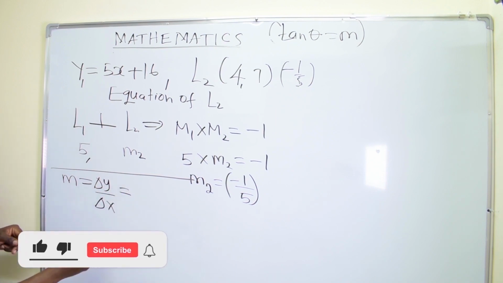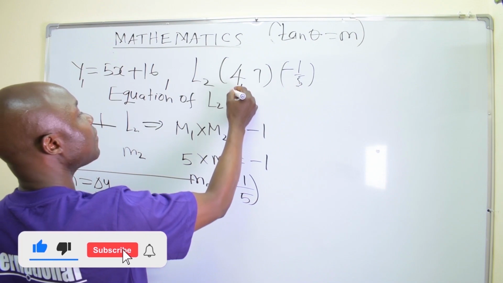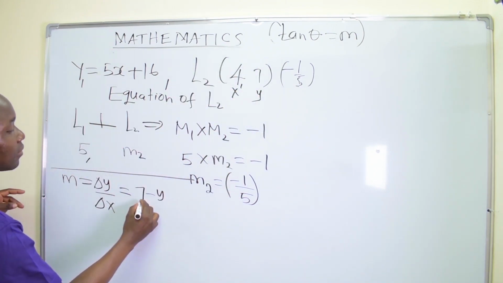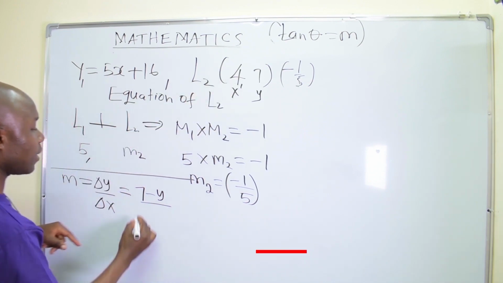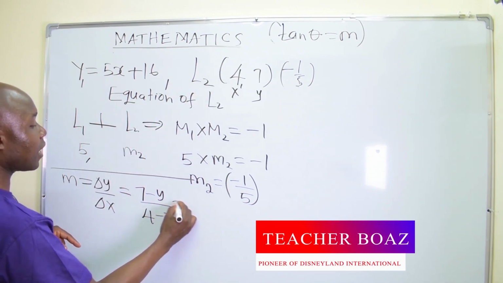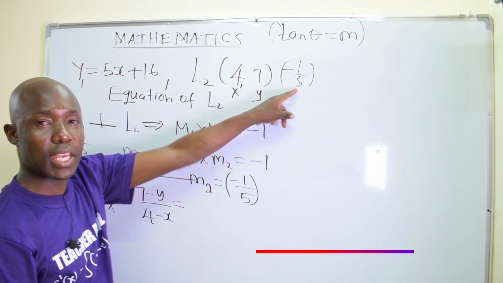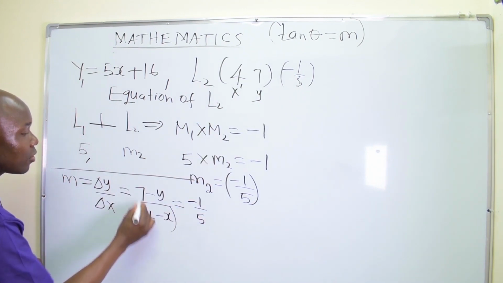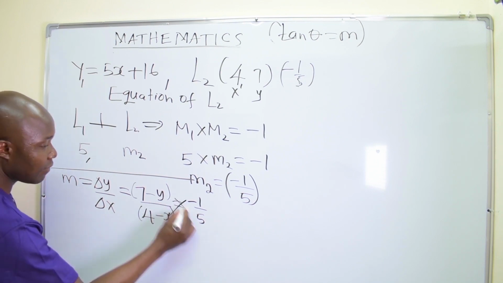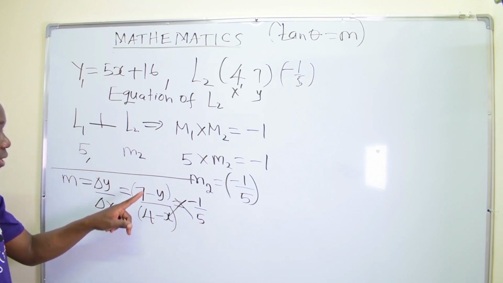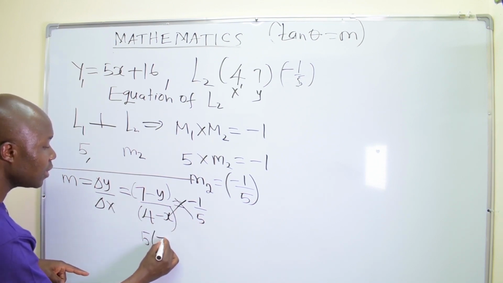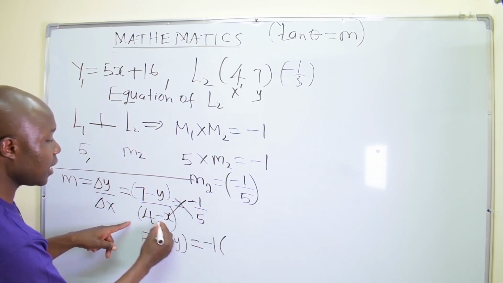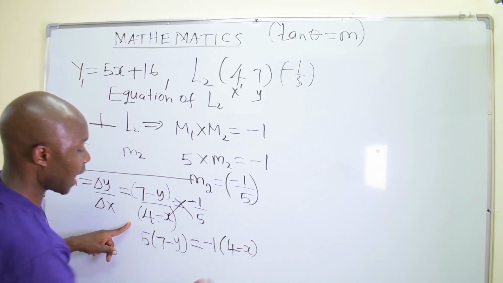If I have this to be (x, y), the change in y can be 7 minus y, over the change in x, which can be 4 minus x, should give you the gradient, which is minus 1 over 5. Here we can cross multiply. Then you take 5 times (7 minus y) equals minus 1 times (4 minus x).